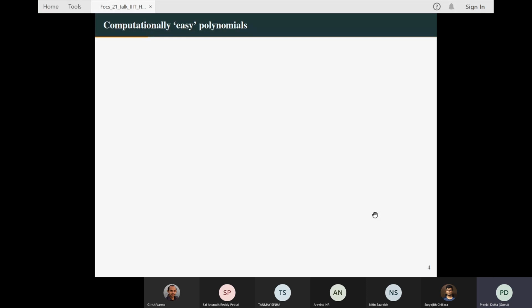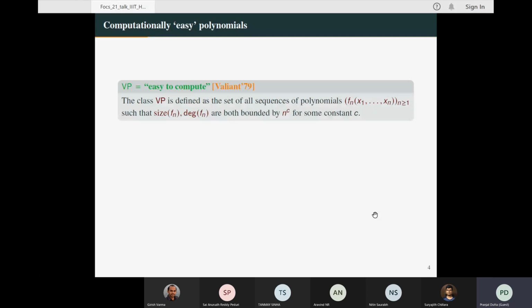So let's first look at some easy polynomials. We define VP, the algebraic analog of the class P. It has sequences of polynomials f_n such that both size and degree are bounded by a polynomial in n. You can ask why the degree bound is also required. Well, there are other polynomials as well.